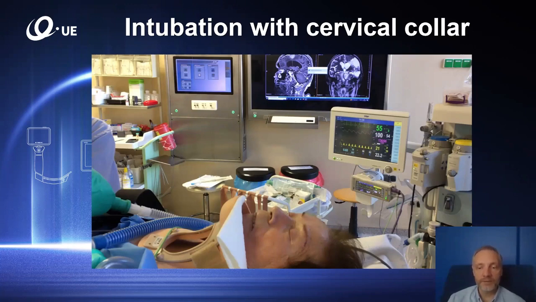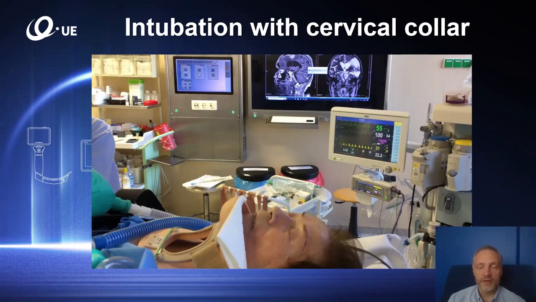This is very important regarding the safety of this patient, because if we can avoid removing the cervical collar for airway management in those patients, the safety is increased.